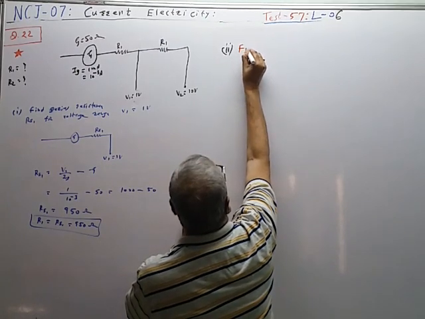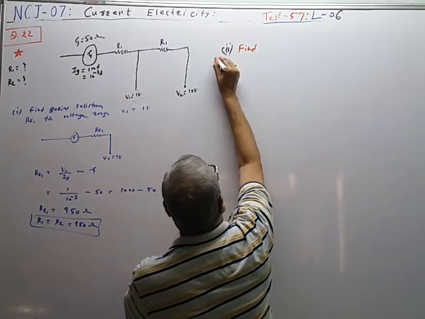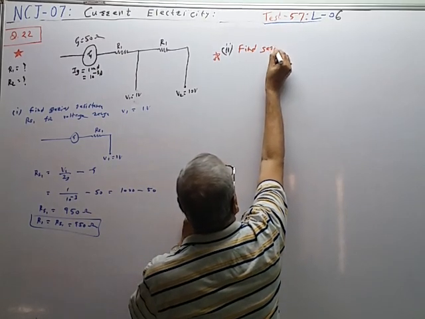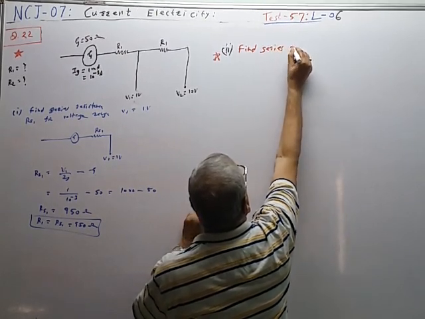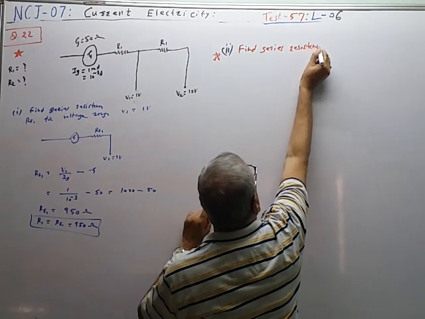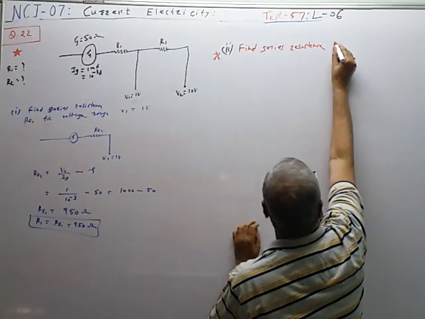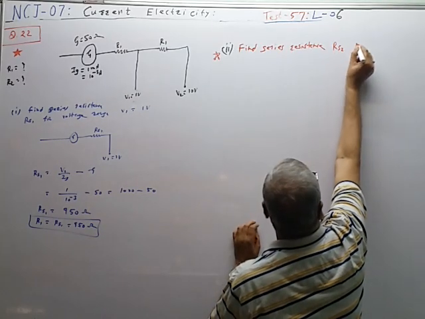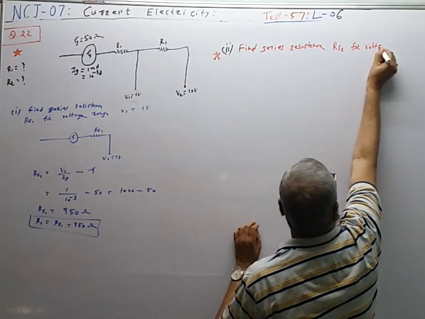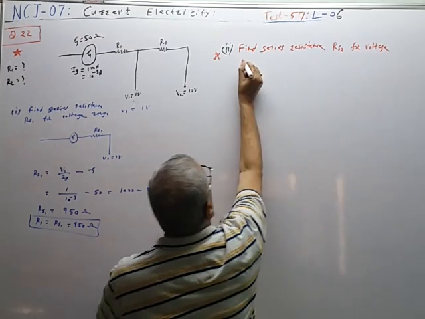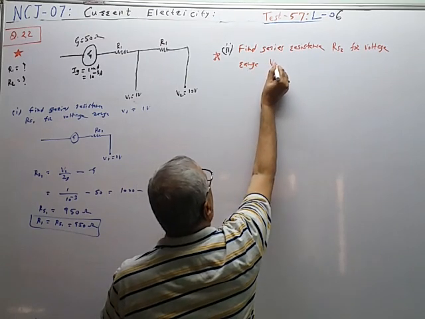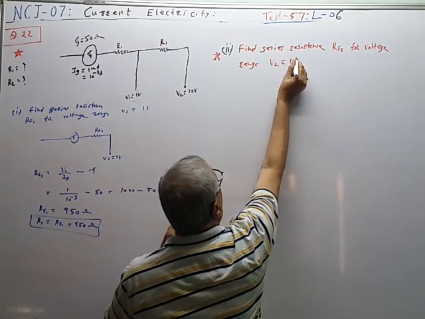Find series resistance RS2 for voltage range V2 is equal to 10 volt.